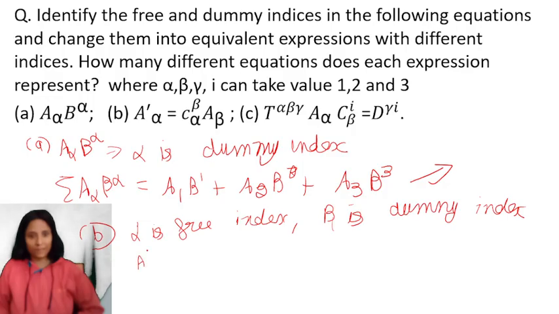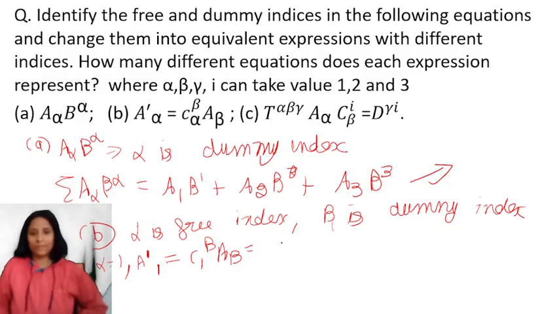Let's take alpha equal to 1: C11 A1 plus C12 A2. See, there is no summation sign, but in the previous slide I told you about the Einstein summation convention. You have to assume there is summation, so you have to add this.